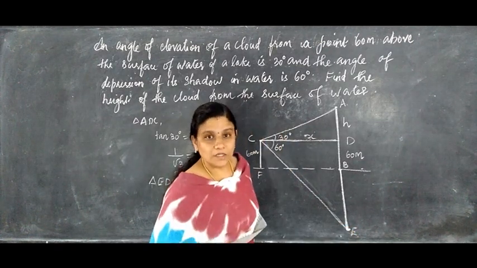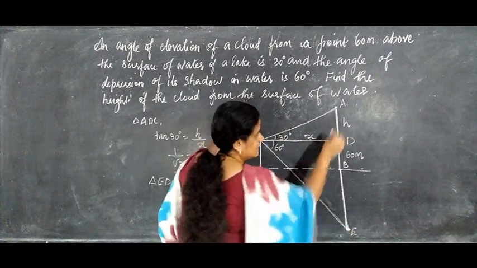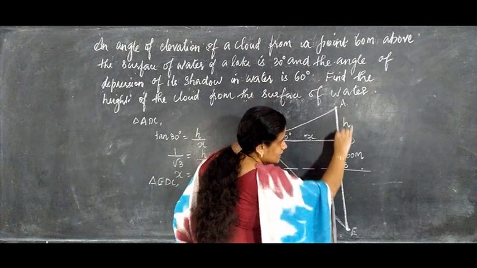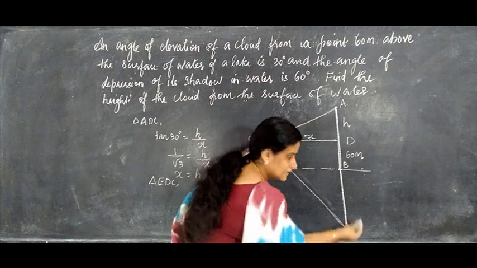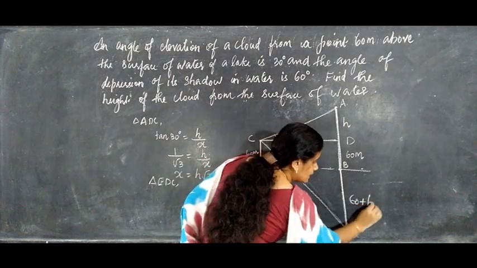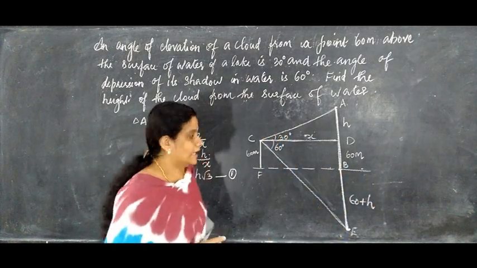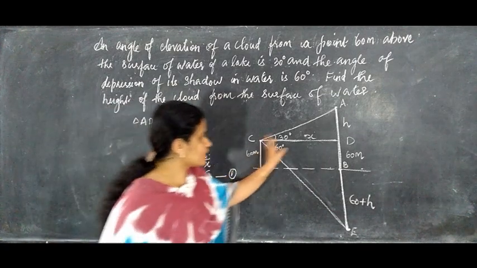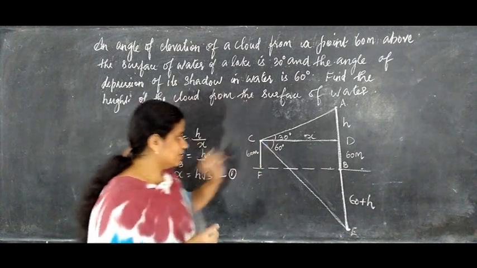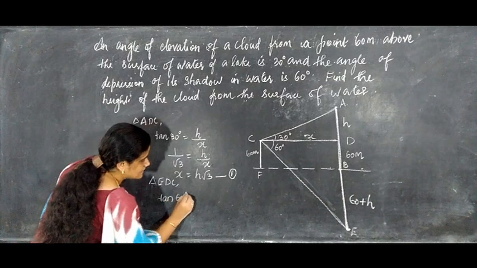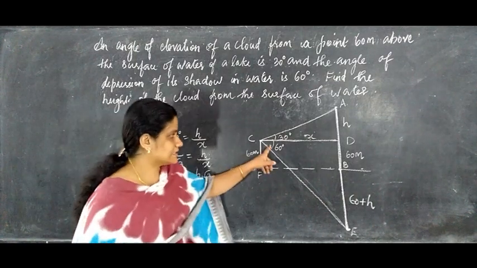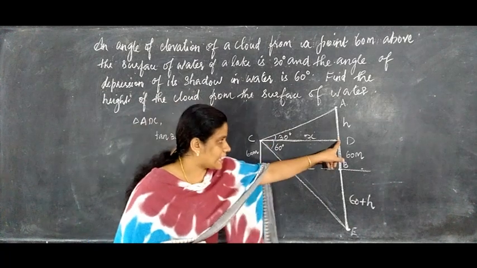Both will be equal, yes or no? Now, if here AB is 60 plus H, then what is the other one? The same, 60 plus H. Now in this triangle EDC, what is tan 60 degree? This is 60 degree, no? Which is the opposite side?